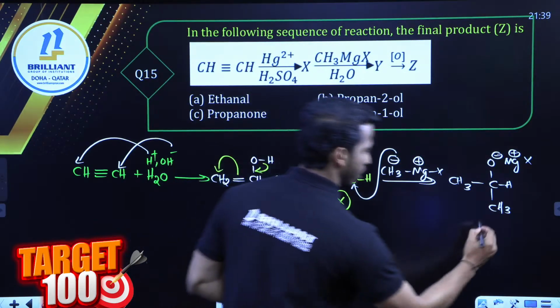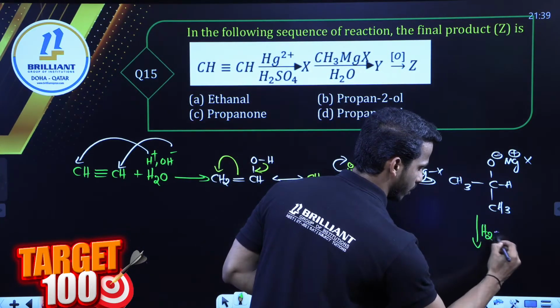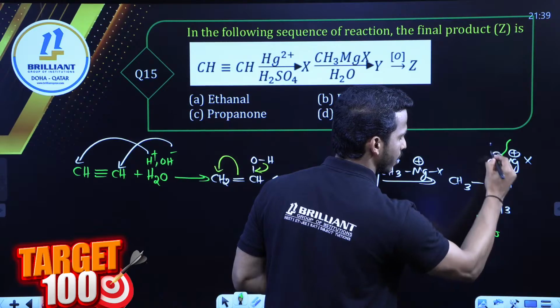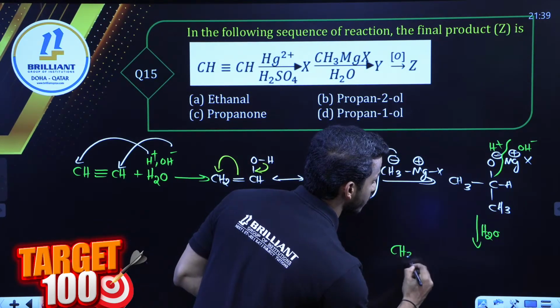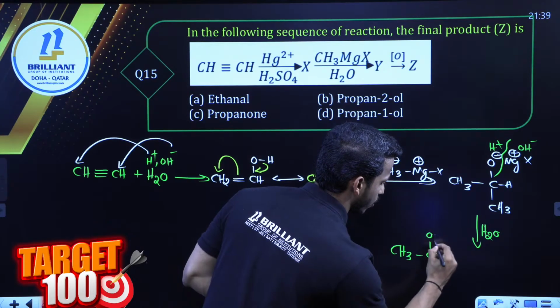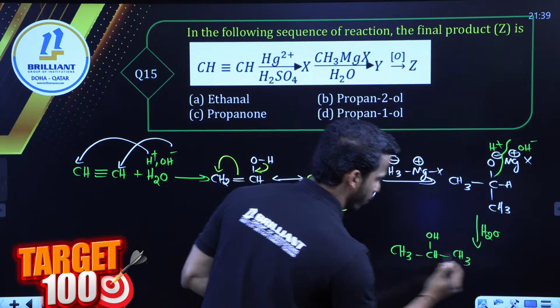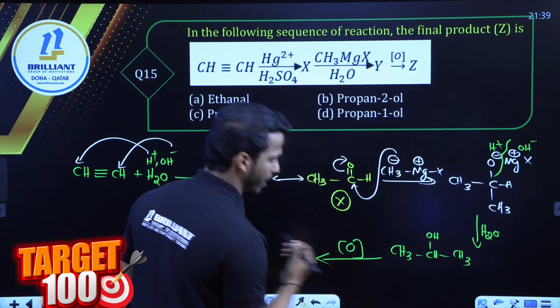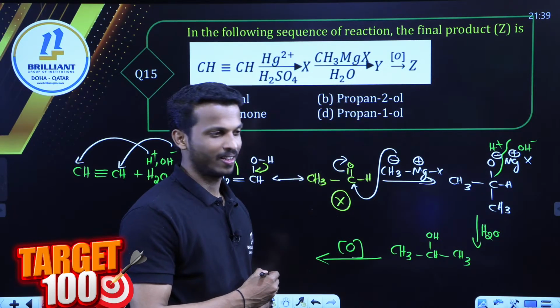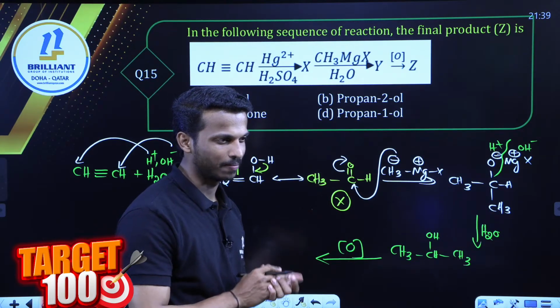You know, when it is treated with water containing H plus and OH minus, H plus goes to this side, OH minus goes to this side. You will get CH3CHOHCH3, propan-2-ol. Propan-2-ol on oxidation. Dear all, who gave the correct answer?